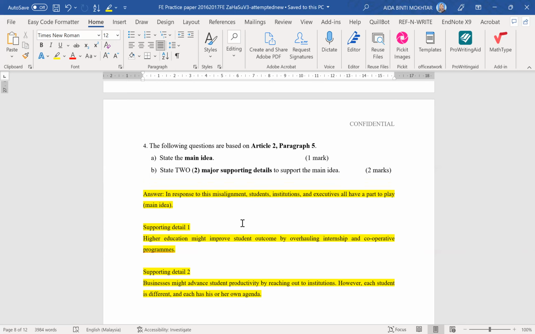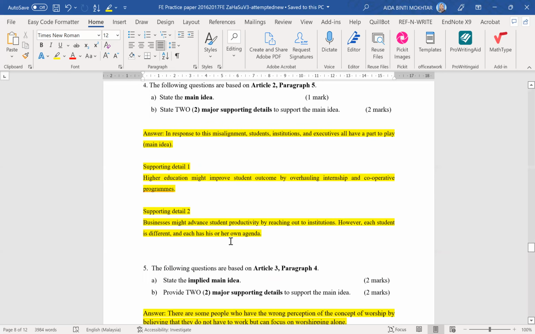So this summarizes the whole thing, and it's about responding to this misalignment, the discrepancy between students, institutions, and executives. So what do we do? These stakeholders have to play a part in ensuring that the misalignment is not there. So supporting detail 1, what should higher education do? Supporting detail 2, what should businesses do?